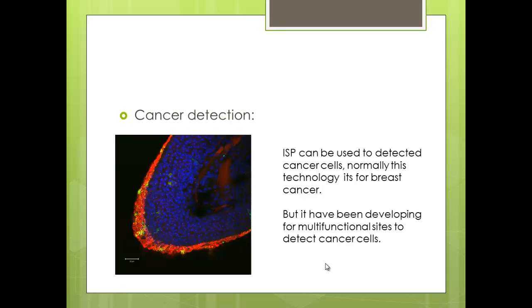I put this subject in this presentation because I did my thesis about cancer. I made new software to count cancer cells. In the image on the left, we have blue cells, yellow cells, and red cells.